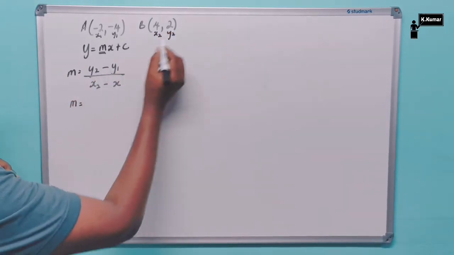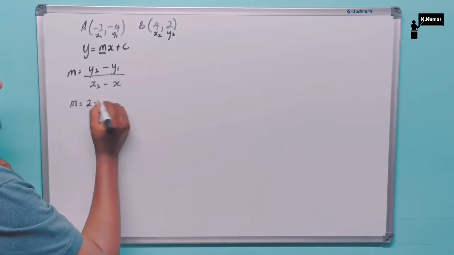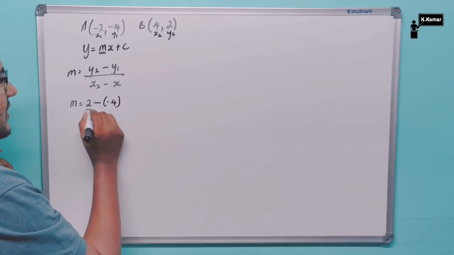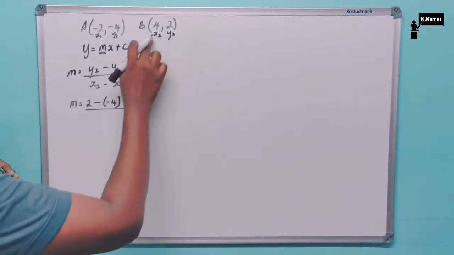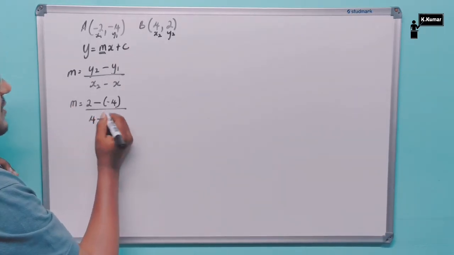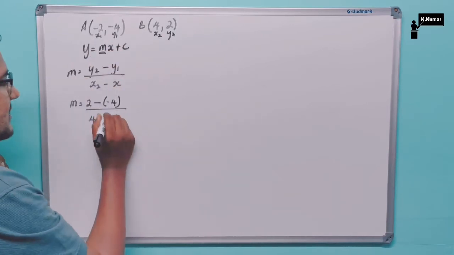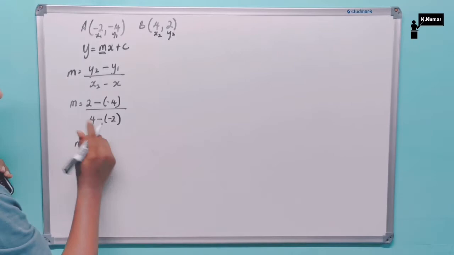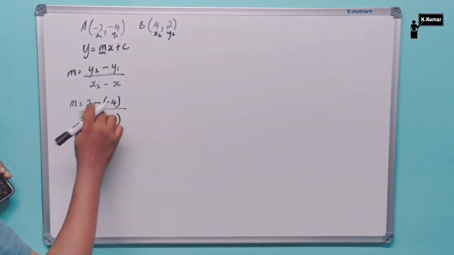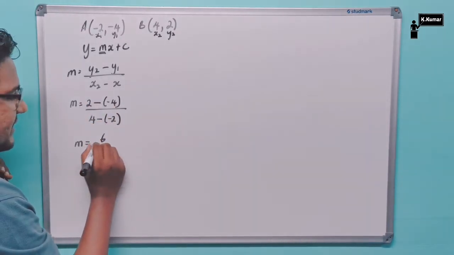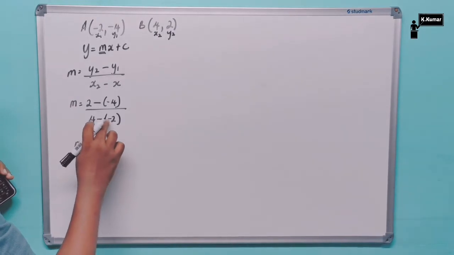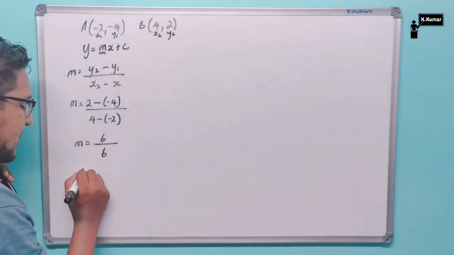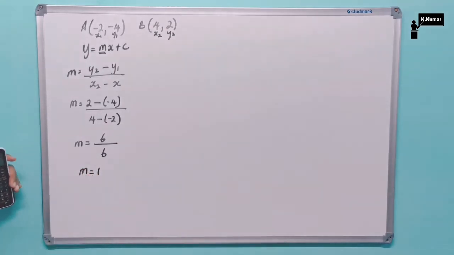M is equal to y2, which is 2, minus y1, which is -4, divided by x2, which is 4, minus x1, which is -2. M is equal to 2 minus -4, which gives me 6, divided by 4 minus -2, which gives me 6. So 6 over 6, my gradient is equal to 1.